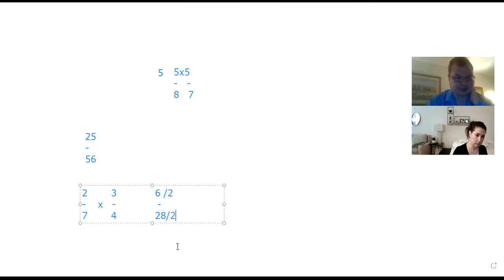Okay. So they have common factors of 2. So we can simplify this. We can make the 6 into 3, and the 28 is going to be divided by 2, and that's going to turn into 14. So we're going to have 3/14.